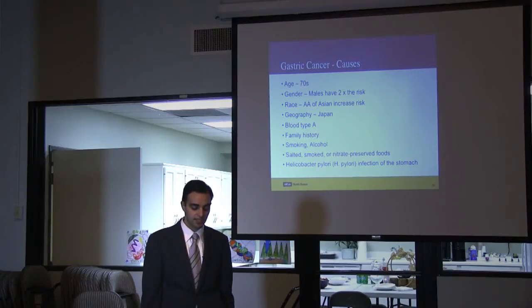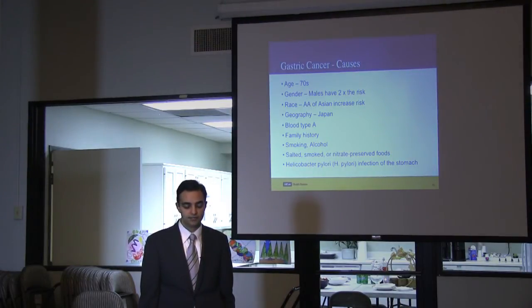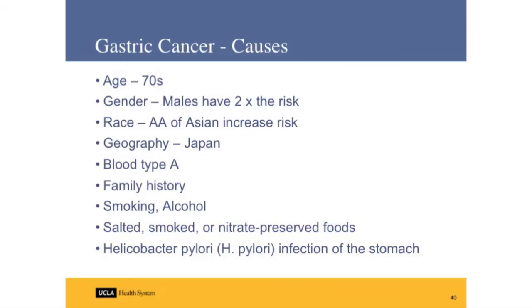The risk factors are, as you get older, and it commonly occurs in patients in their 70s. Males have twice the risk as females. In terms of race, African Americans and Asians have an increased risk.